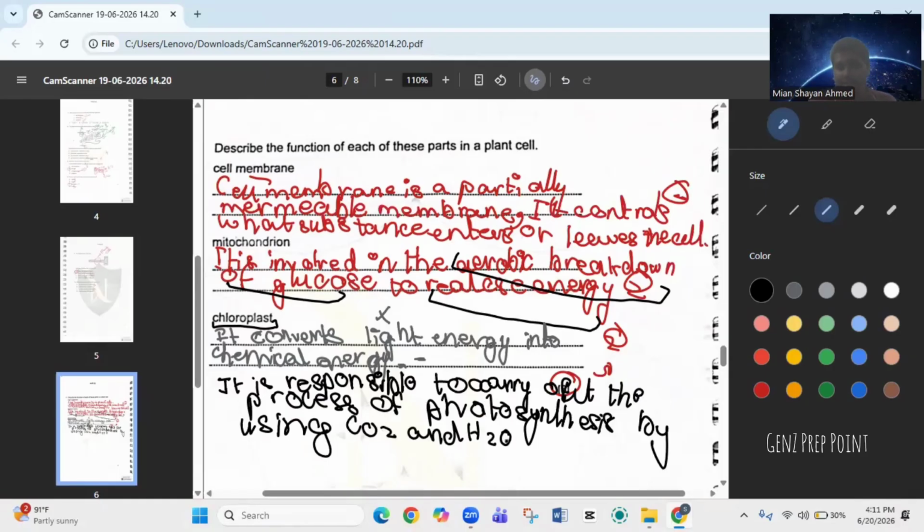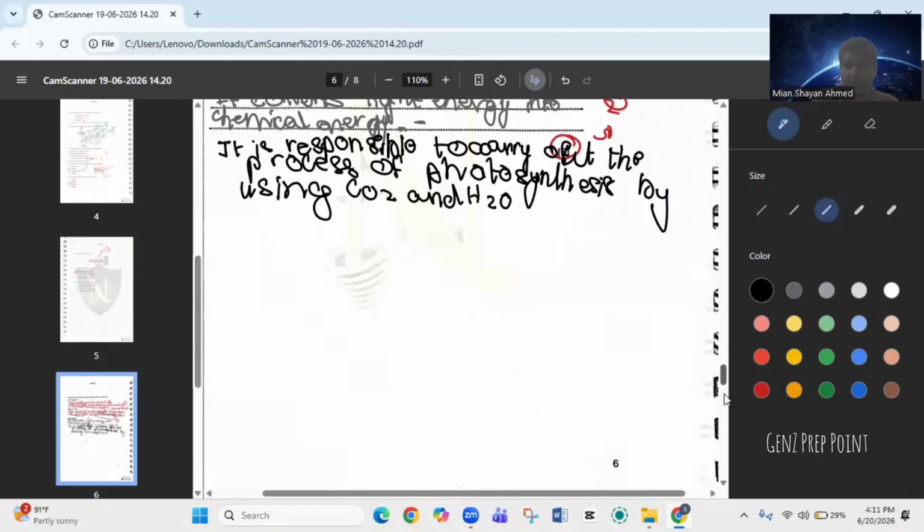And further you can write by yourself: by using carbon dioxide and water to convert it, in the presence of sunlight, into glucose and oxygen. That you can write by yourself. We will further move on.